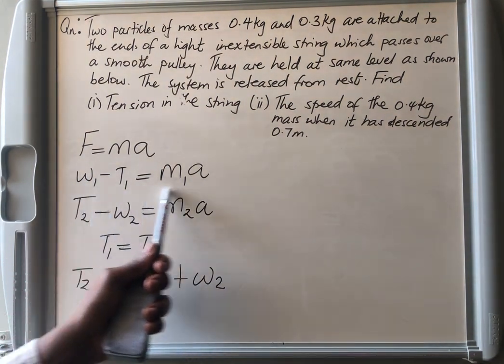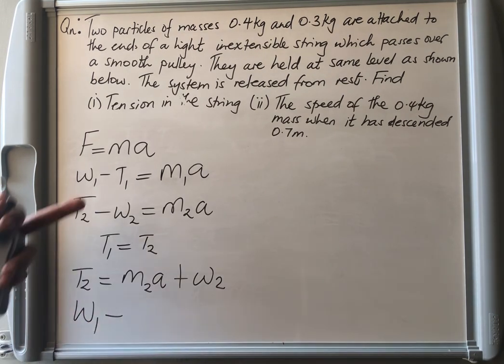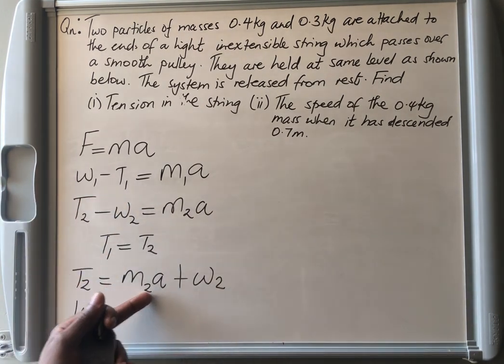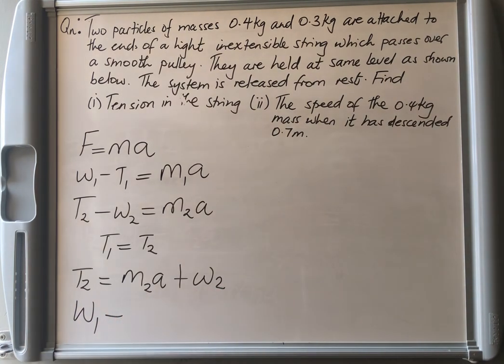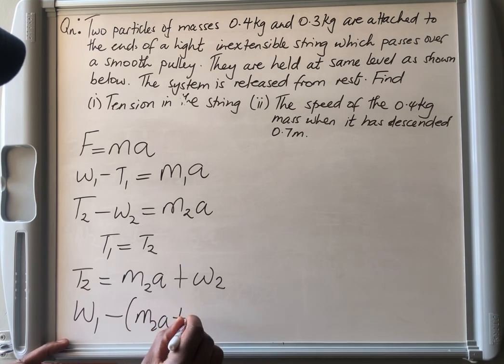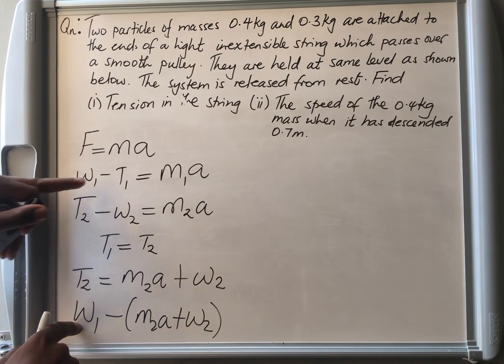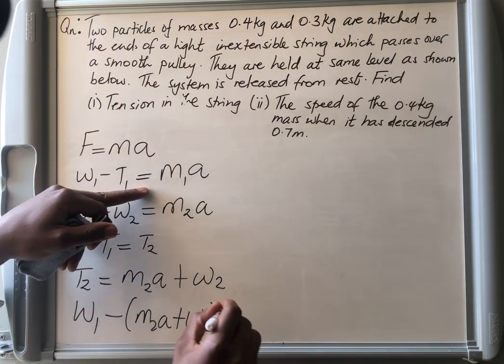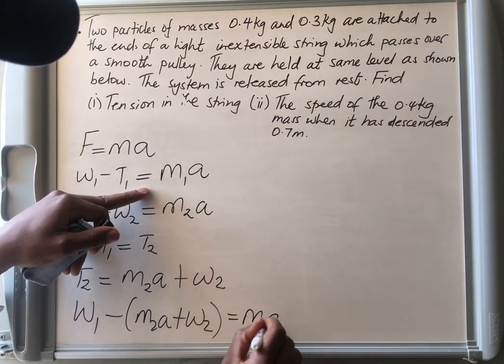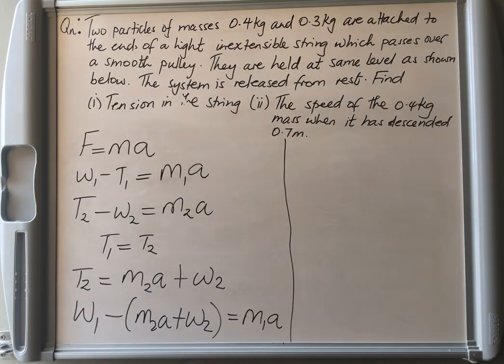So looking at this equation now, which says W1 minus T1, in place of T1 I'm going to put this expression, because T1 is equal to T2. So I will have m2 a plus W2, like this. So that will be W1 minus T1 is going to be equal to m1 a like this. Okay, good. So since we have this, let's introduce everything.